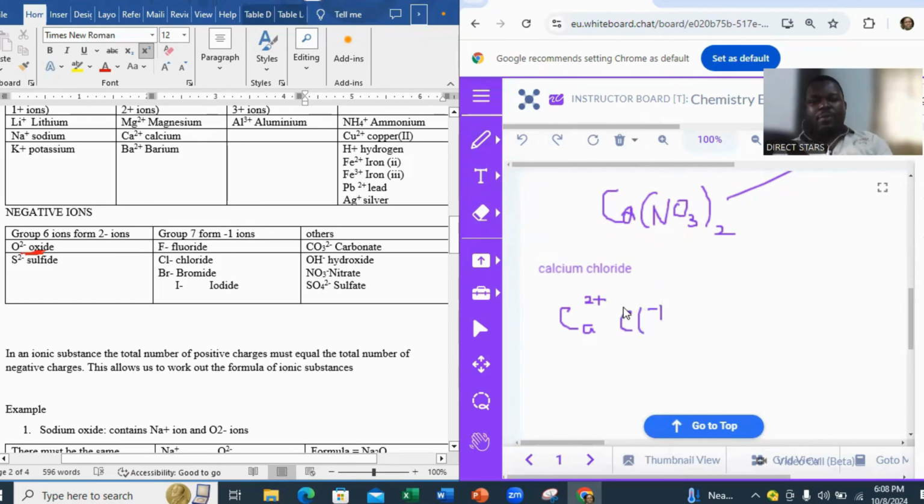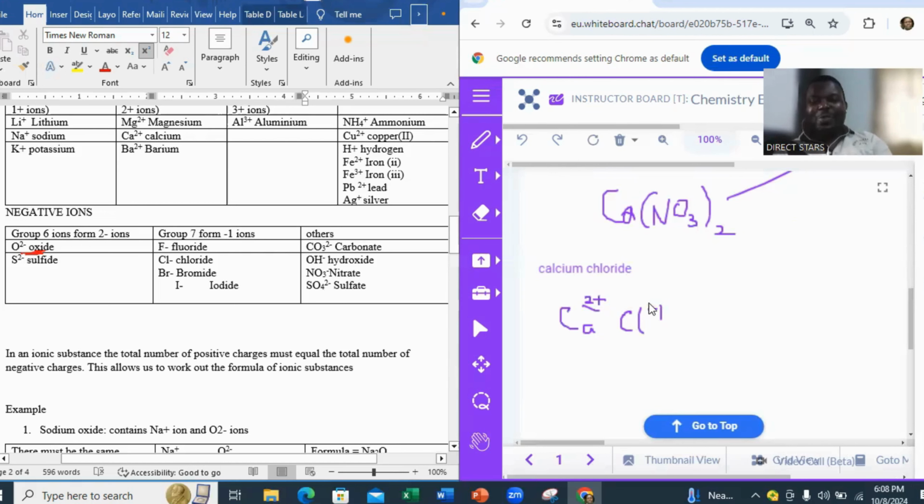So to make it equal with the 2 here, such that we get -2 to cancel out the effect, we will need 2 of the chloride ion. It's very important. We need 2 of the chloride ion to do that.